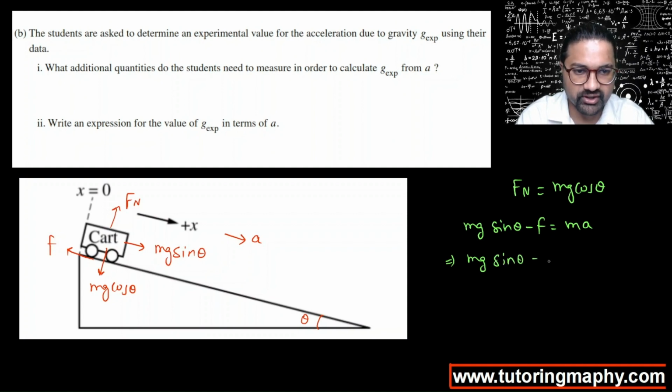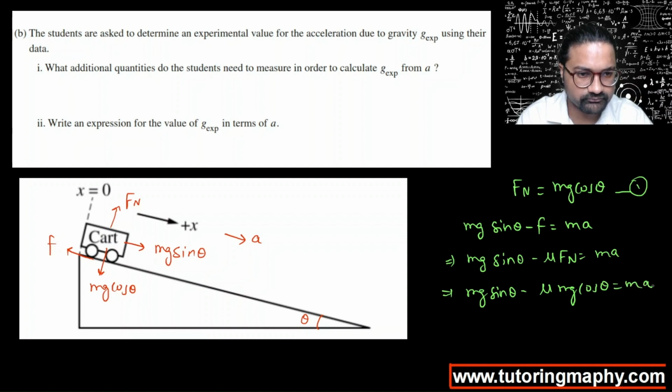We know that the friction is mu times normal reaction, and the normal reaction is just written right over here for us. So if you plug the normal reaction back in, we are going to have mg sine theta minus mu mg cos theta is equal to ma. m is gone from all the sides, so we do not need mass. And if we flip the equation, then the acceleration experimental will be equal to g sine theta minus mu g cos theta.